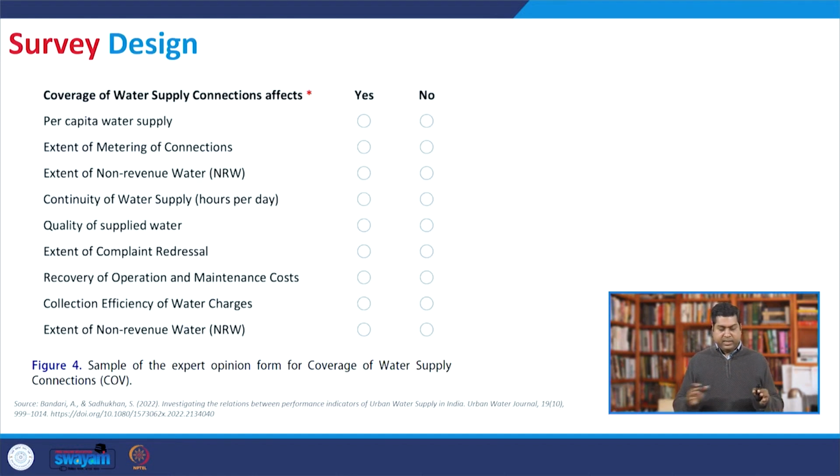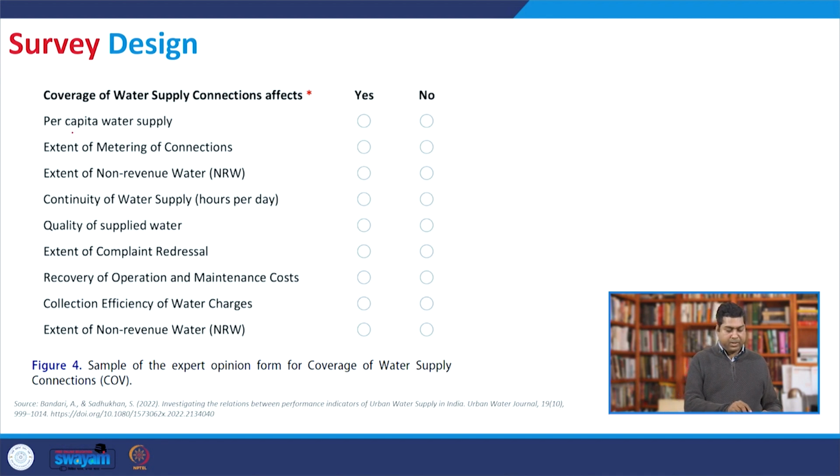Next, about the survey design. For the expert opinion survey, here we show you one such scenario where the questions were asked: coverage of water supply connections, which is one of the benchmarks used, affects the others.